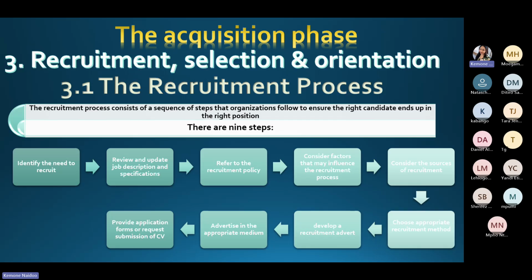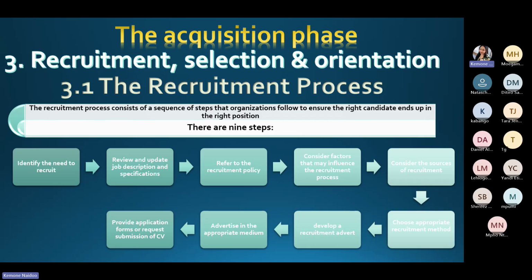We have to protect the information of these people that are applying. So we need to revisit the recruitment policy just to ensure that we are not going to go against any laws. Okay, and then we also need to consider factors that may influence the recruitment policy. So anything, either outside forces or inside forces, anything that could hinder or delay this process, we need to identify them and also strategize around them so that these influences do not delay our process.